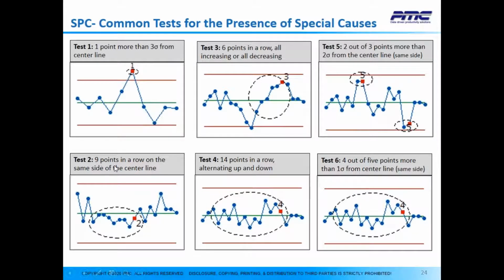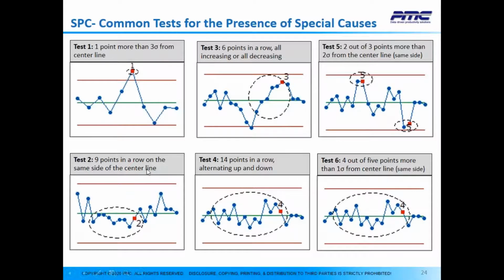The second test says here 9 points in a row on the same side of the center line. So if I count from top to bottom, below the center line, it's 1, 2, 3, 4, 5, 6, 7, 8, 9. That's my 9 points.